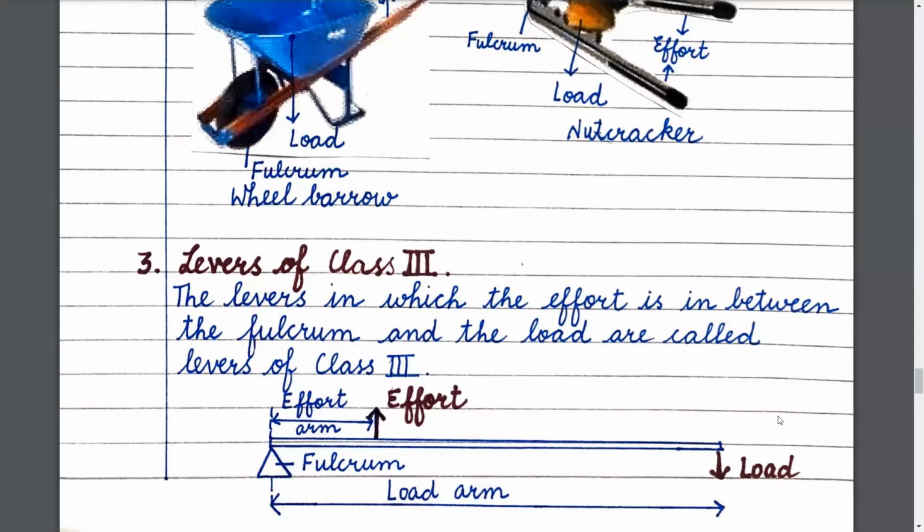Here, the fulcrum is at one end and the effort is close to the fulcrum. Thus, the effort arm is always shorter than the load arm. So, in this case, mechanical advantage is less than 1.